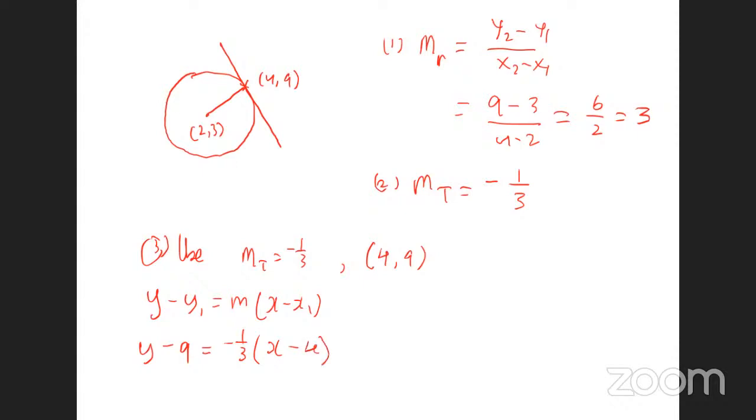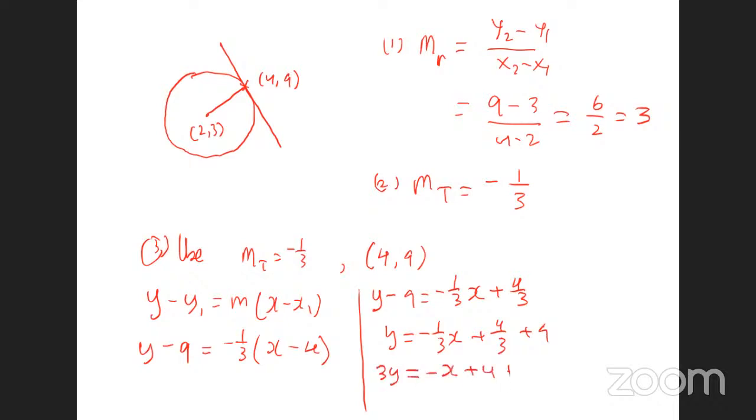Then you multiply it out and make it look nicer. Y minus 9 is minus 1/3 x plus 4 over 3. So y is equal to minus 1/3 x plus 4 over 3 plus 9. You can multiply everything by 3 to make it look nicer, and you'll get 3y equals minus x plus 4 plus 27.